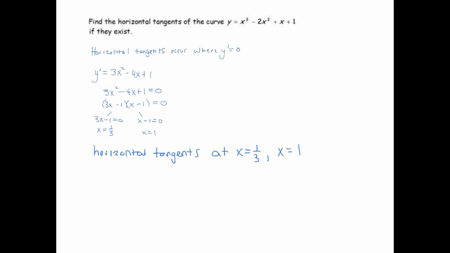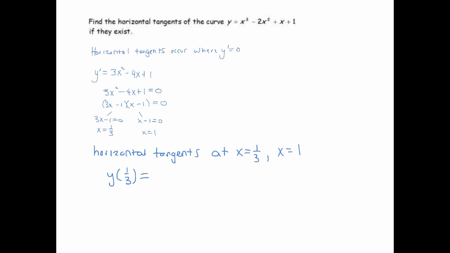Now, if I want the points of tangency or the equation of the tangent line, I'm going to have to evaluate the function at these points. So I'm going to use this notation, y of a third. Now I'm just going to use my calculator here because it's too tedious to plug that in and do it out by hand.